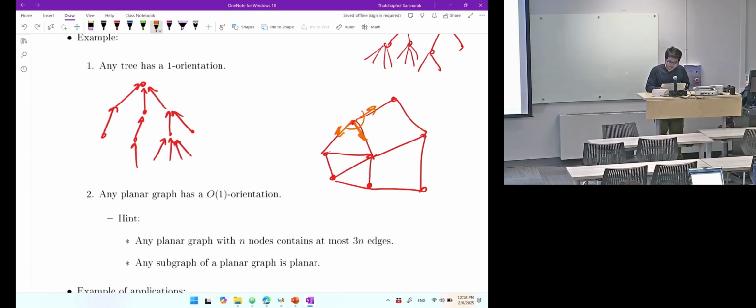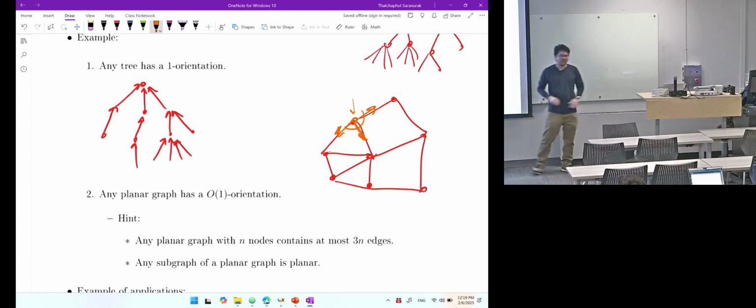Once you know that this node has outward degree at most 6, delete it, and the rest of the graph is still planar. So there must exist another node with degree at most 6, point its 6 edges outward, and repeat. Okay. Anyway, this is not important.